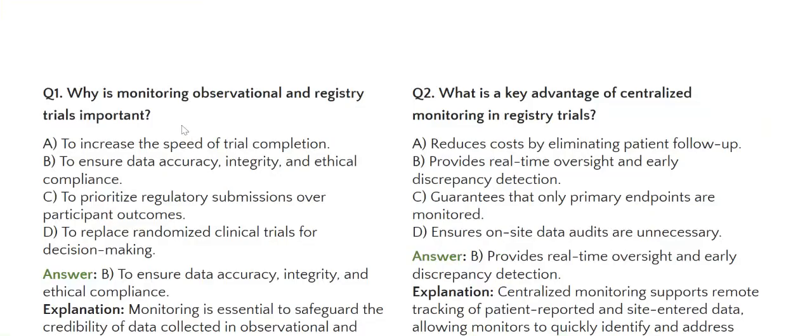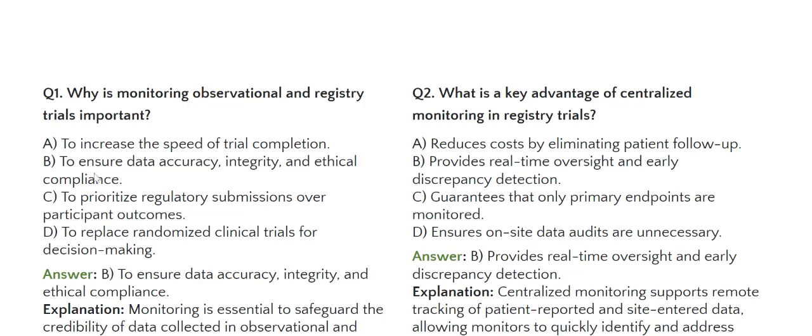Question 1. Why is monitoring observational registry trials important? A, to increase the speed of trial completion. B, to ensure data accuracy, integrity, and ethical compliance. C, to prioritize regulatory submissions over participant outcomes. Or D, to replace randomized clinical trials for decision making.